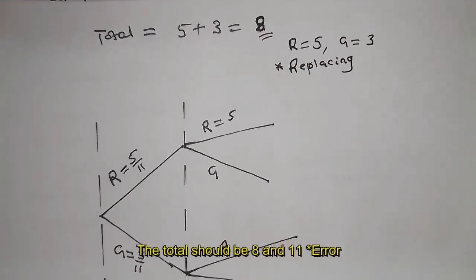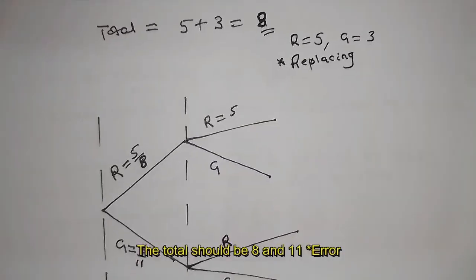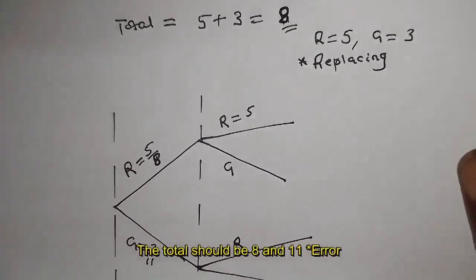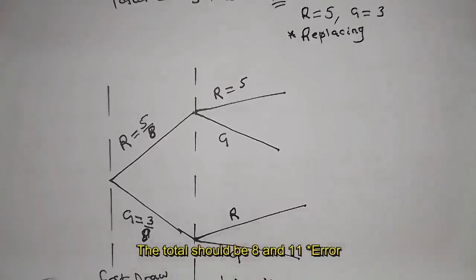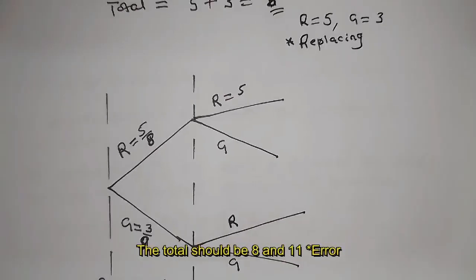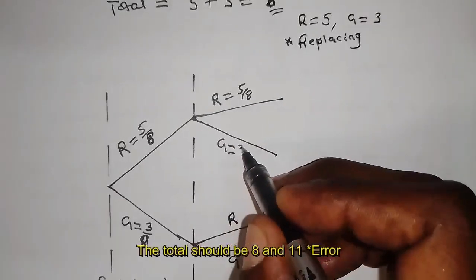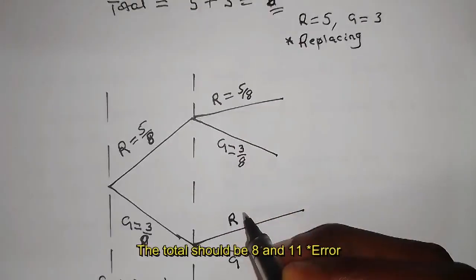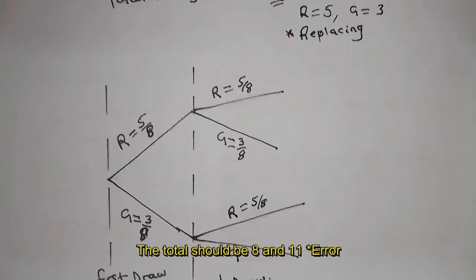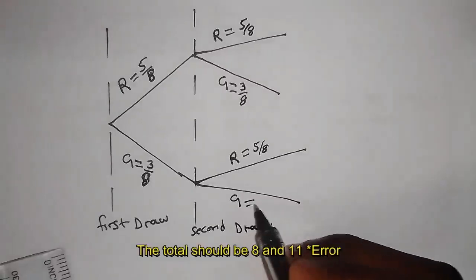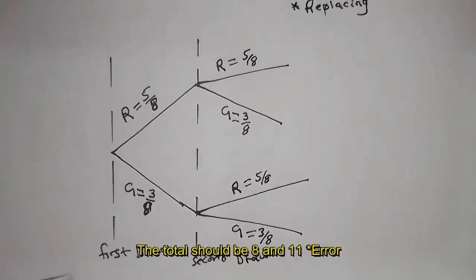Pardon me for this silly mistake. So this is 5 out of 8. Again, this is 3 out of 8. Again, this is 5 out of 8. Again, this is 3 out of 8.